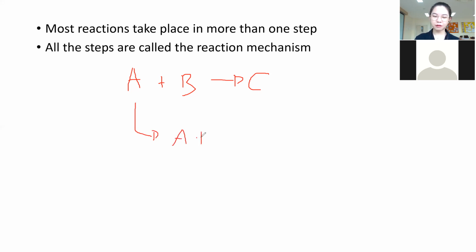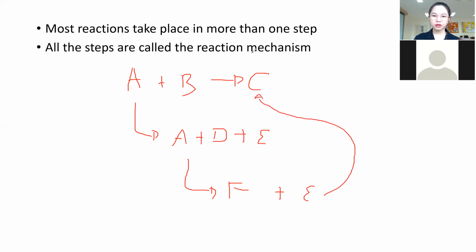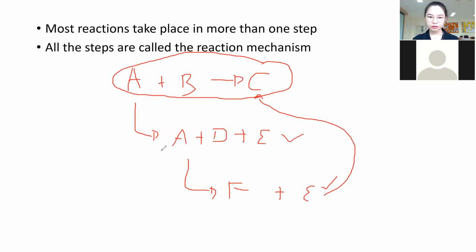First A and B dissociate into something like D and E. And then there's another intermediate step: A and D react to form F and E. And then finally, F and E react into C. So the overall reaction is this, but these two intermediate steps do exist.